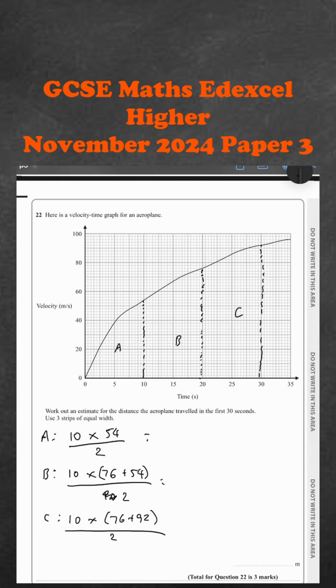And the area of each of these is going to be 270 meters. And then 76 plus 54 times 10 over 2, 650 meters. 76 plus 92 times 10 over 2 is 840 meters.